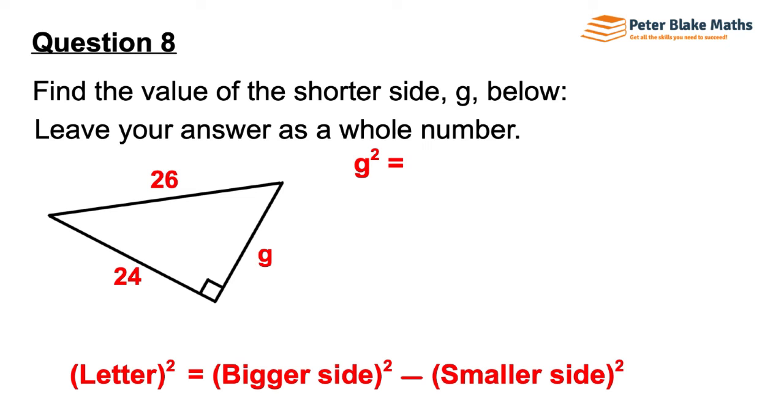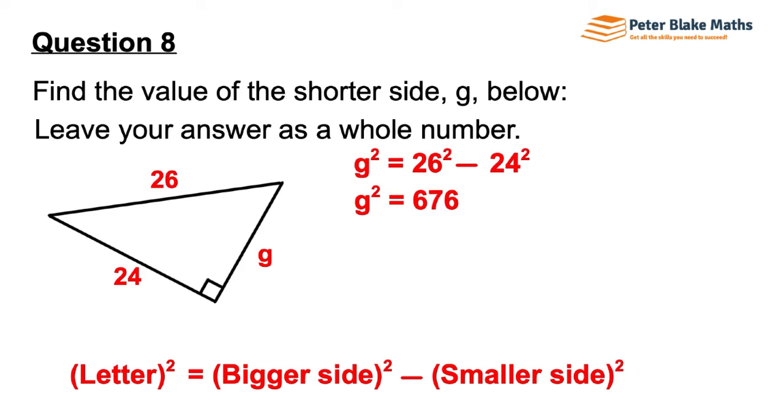Okay, so we've got G squared, the letter squared, equals the bigger side squared. So the bigger out of those two is 26 squared, minus this time 24 squared. So it's a little bit different, but it saves us rearranging the normal Pythagoras theorem set out. So we can just go straight to a shortcut way for finding shorter sides.